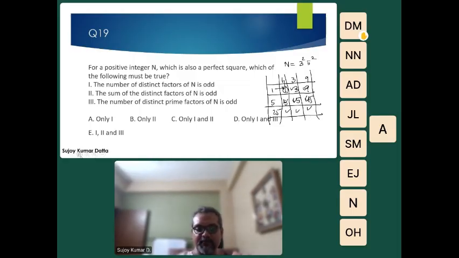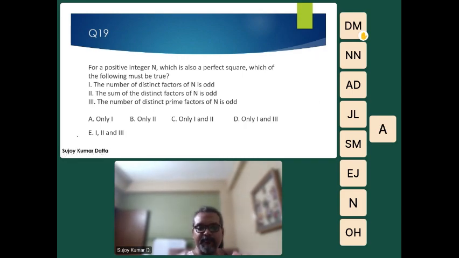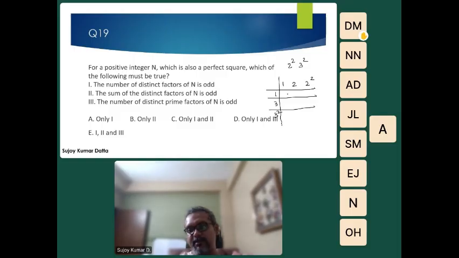Okay, fine. But what if one of them was 2? Let us say we have the numbers 2 squared and 3 squared. Now we have 1, 2, and 2 squared with 1, 3, and 3 squared. Just try to see a pattern develop here. We again have 9 numbers, of which this column is going to be entirely even because these are even numbers.